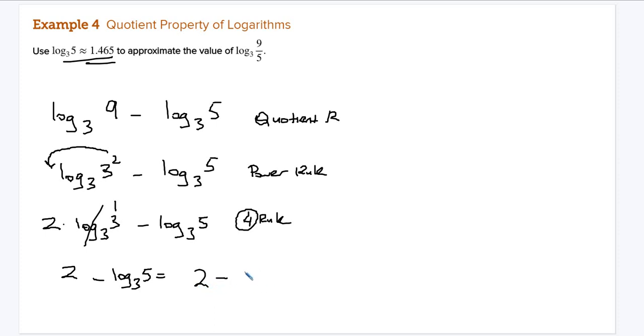Log 3 of 5 is given as 1.465, and when we subtract it, 2 minus 1.465, we will have 0.535 here. That will be our answer. Okay, so questions 3, 4 and also 5 will be this way. You are just going to prepare the given thing, apply the rules that you can use, and see what the solution is.